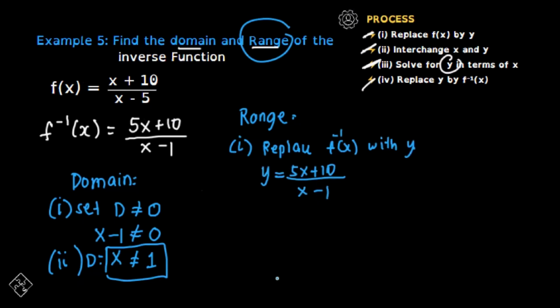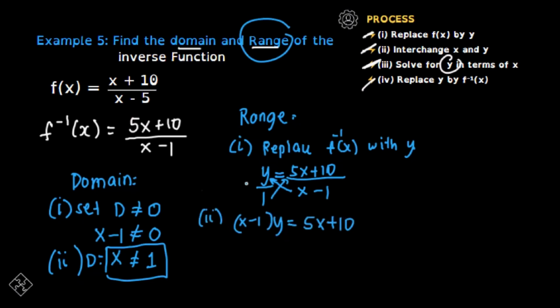Next is to solve for y. Okay, so solve na natin for, by the way, hindi pala solve for y. Solve for x dito, no? So, dito meron tayong denominator na 1, then cross multiply. So, we have x minus 1, ito yung second step, times y equals 5x plus 10.